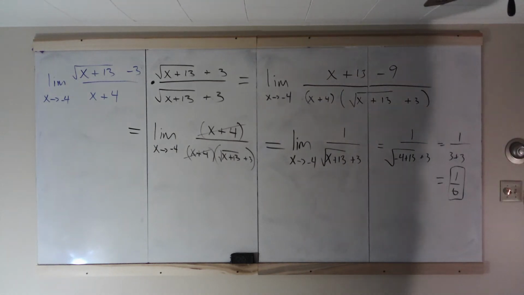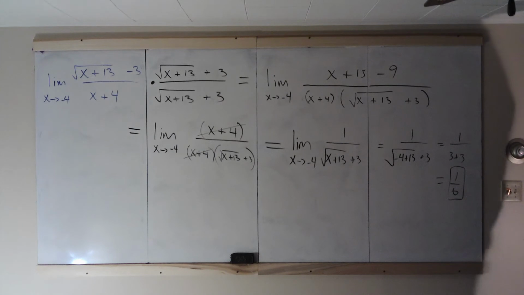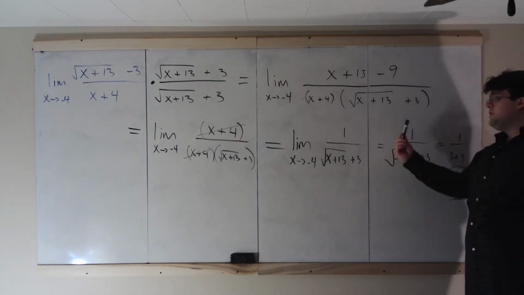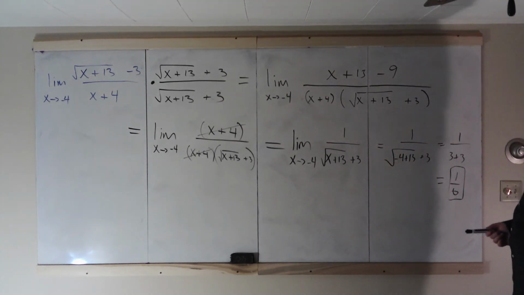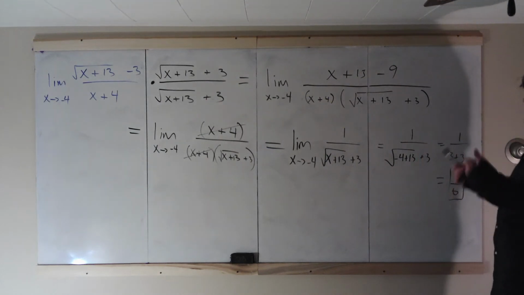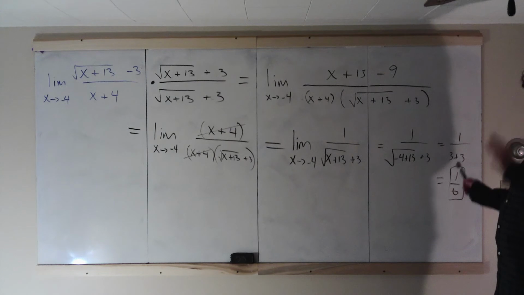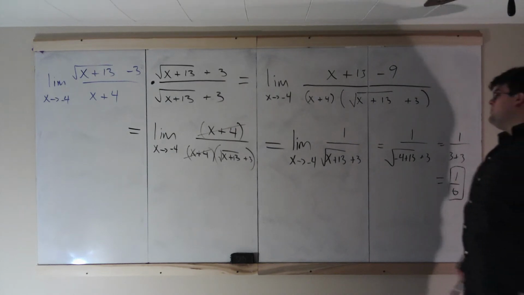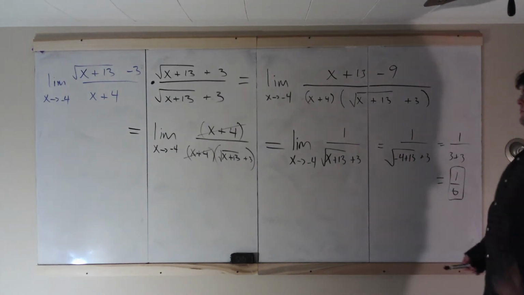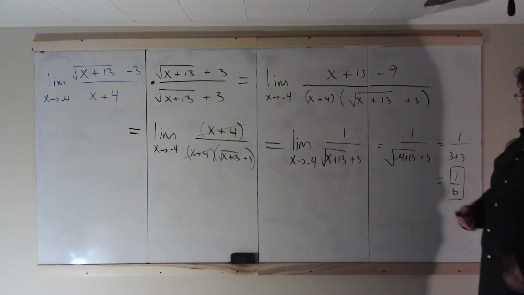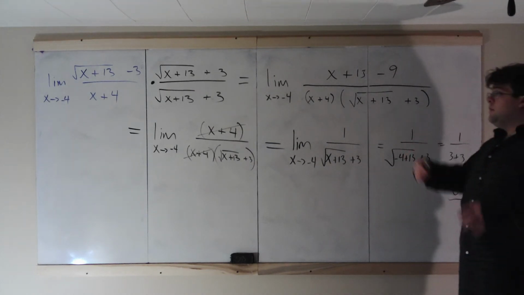So we get a limit of 1/6. And notice here, in going from there to there, we did take the limit by applying the previous theorem. So the limit notation went away.